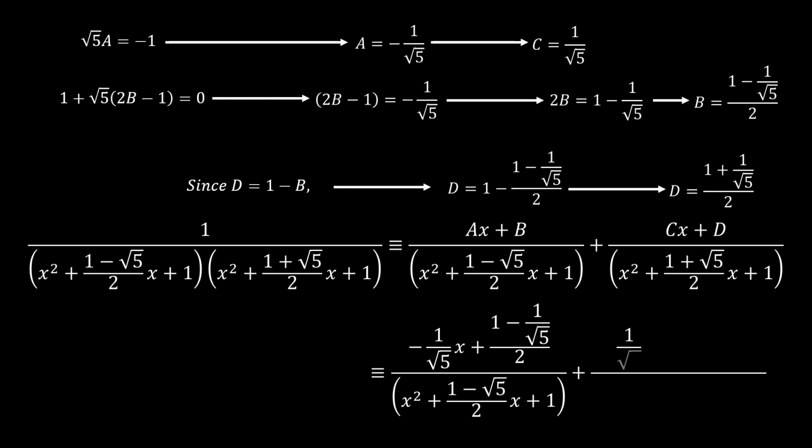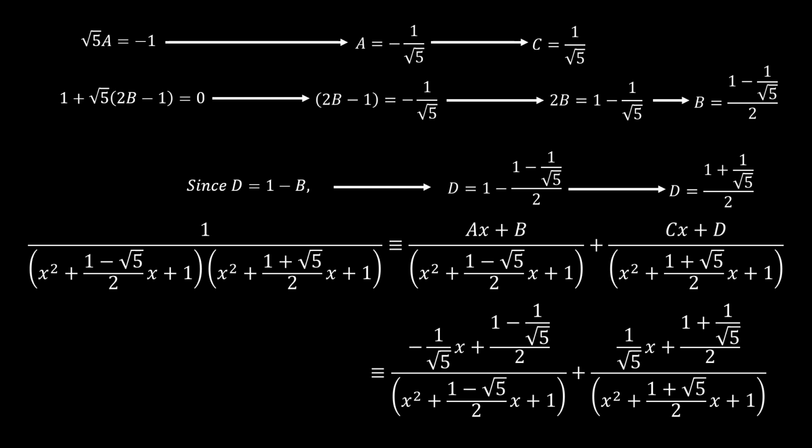The first is (negative 1 over root 5 x plus (1 minus 1 over root 5) over 2) all over (x squared plus (1 minus root 5) over 2 x plus 1), plus ((1 over root 5)x plus (1 plus 1 over root 5) over 2) all over (x squared plus (1 plus root 5) over 2 x plus 1).